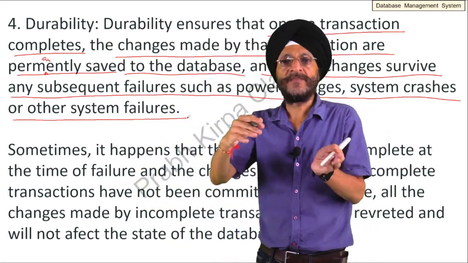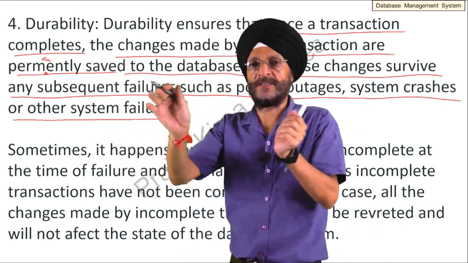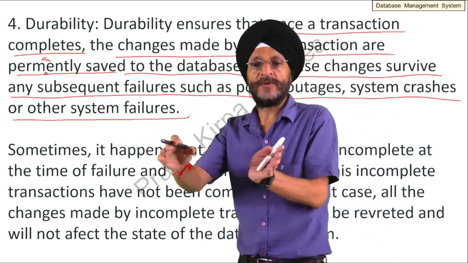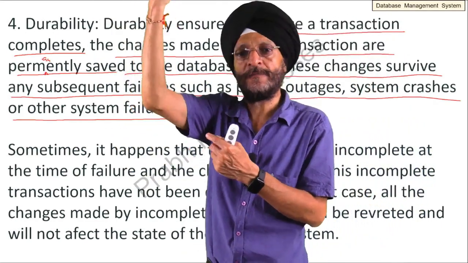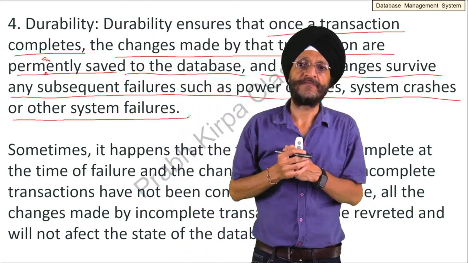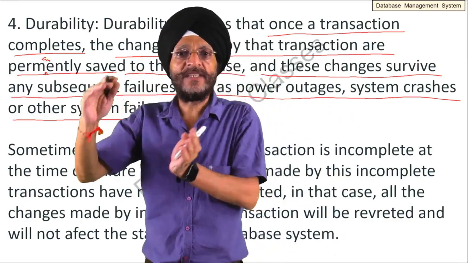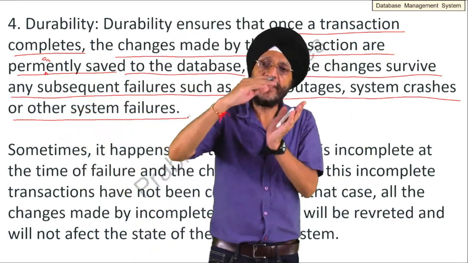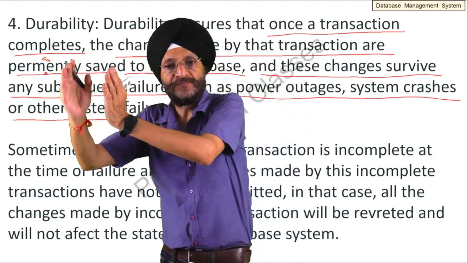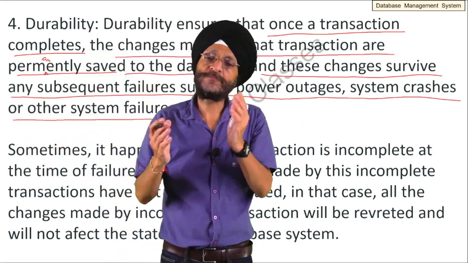Suppose in the meantime power goes off, or internet connection fails, or a system crash occurs at the level of the online site. Even after that, the DBMS system has the mechanism that it will ensure that the inventory level maintained at the database of the online site is properly updated.